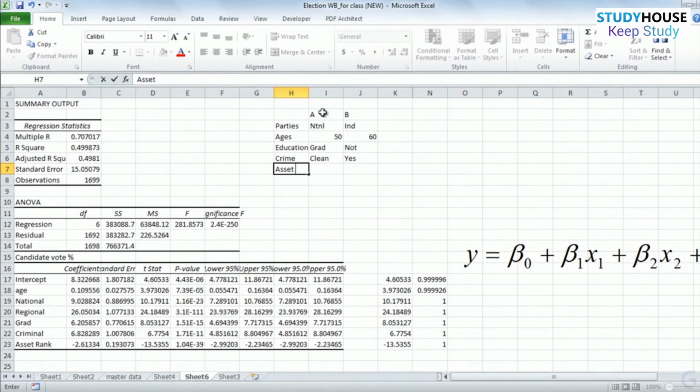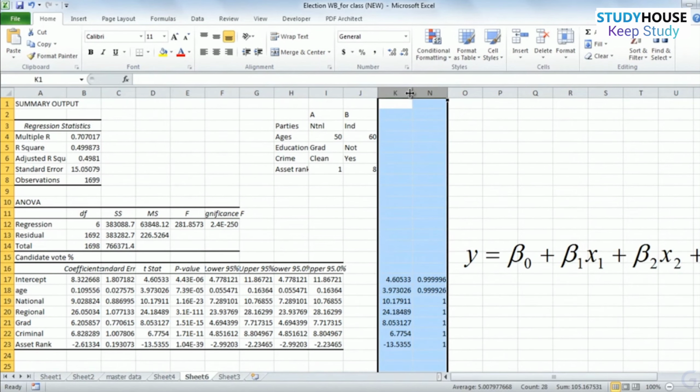In terms of asset rank, candidate A happens to be the richest in the constituency, whereas candidate B's asset rank is, let's say, 8. He's the 8th person. So A is the richest, B is the 8th person. So how do I find out who is going to get what percentage of votes?